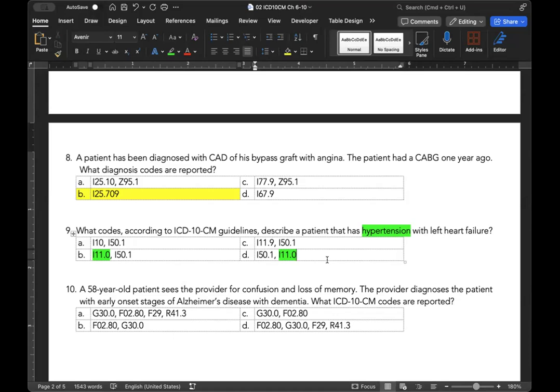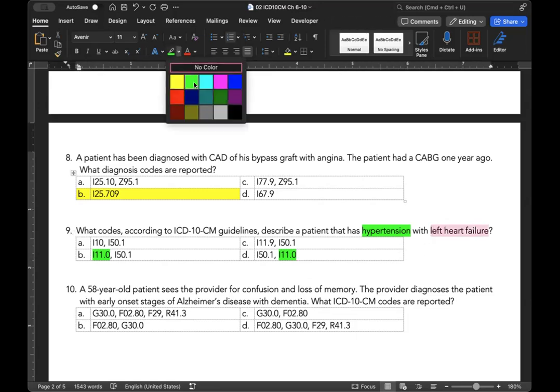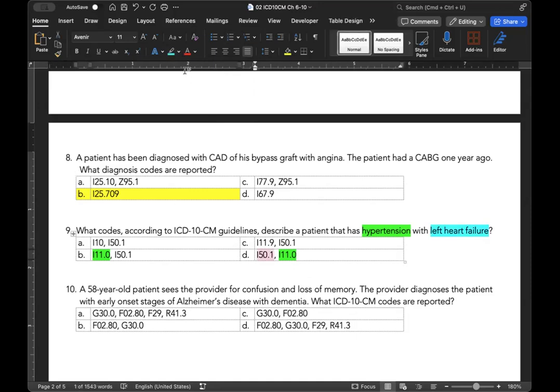And then we need to find what code is for left heart failure. Yep, I50.1. Now the question begs, which one should be sequenced first? I think the hypertension, because that's what it says.